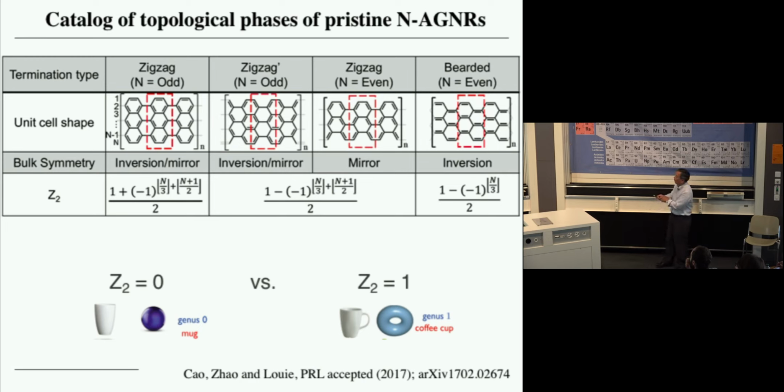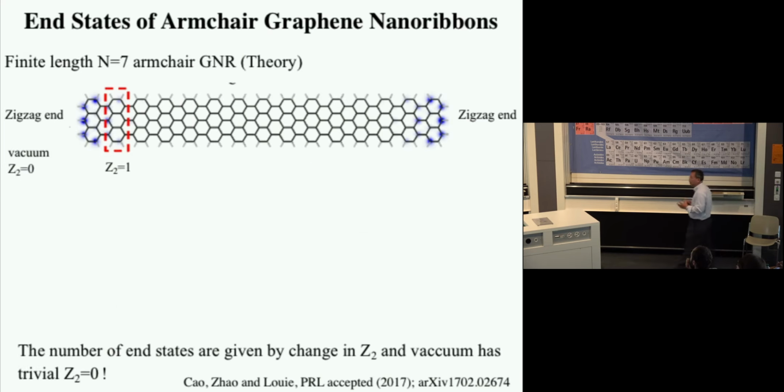They're given explicitly by this expression, which you could derive analytically within a tight-binding model. Here, the bracket corresponds to the so-called floor function. So once you experimentally know the shape of the ribbon, you could deduce the topological invariant.